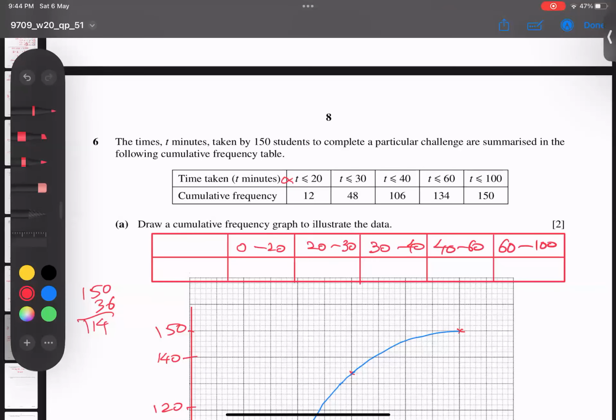Here I write time, and here frequency. 12 comes directly here. But very interesting, what is coming here? 48 and 12 subtract, we get 36. 106 and 48 subtract, we get 58. 134 subtract 106, I get 28. And this subtract, I get 16.